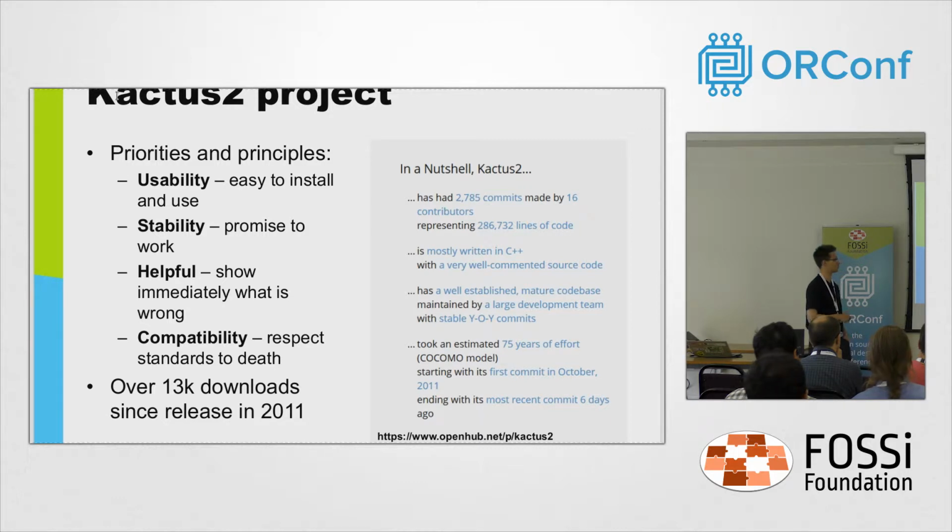So we wanted to make it as easy as possible. We wanted to make the tool as usable as possible. We wanted to make it stable, so we thought whatever is in the tool must work, even if it means we're going to have fewer features than we could, but whatever we have there will be stable. We wanted the tool to be helpful.